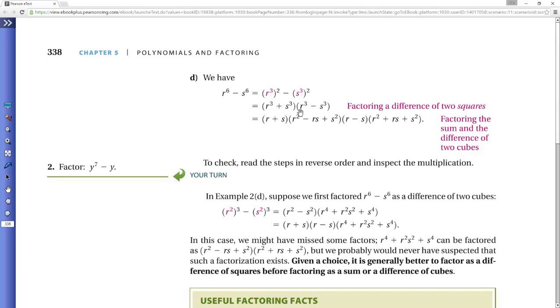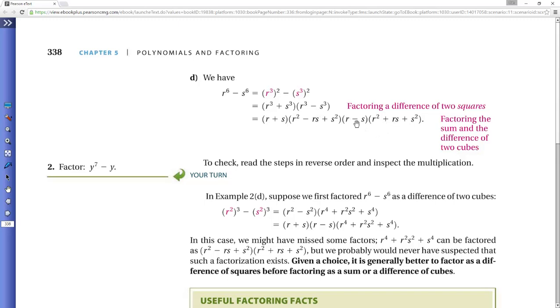Well, we have both of them right here. So they take the sum of cubes right here and they get these two factors: the quantity r plus s times the quantity r squared minus rs plus s squared. That's the pattern for the sum of cubes. Well, this part right here is the pattern for the difference of cubes. So that's how they got these two parts.